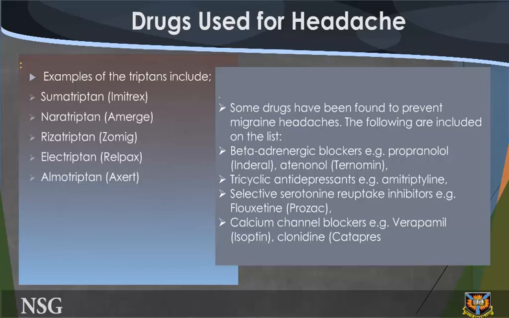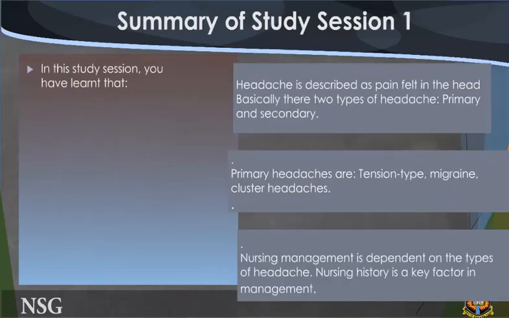Selective serotonin reuptake inhibitors, e.g., fluoxetine, Prozac. Calcium channel blockers, e.g., verapamil, Isoptin, clonidine, Catapres.